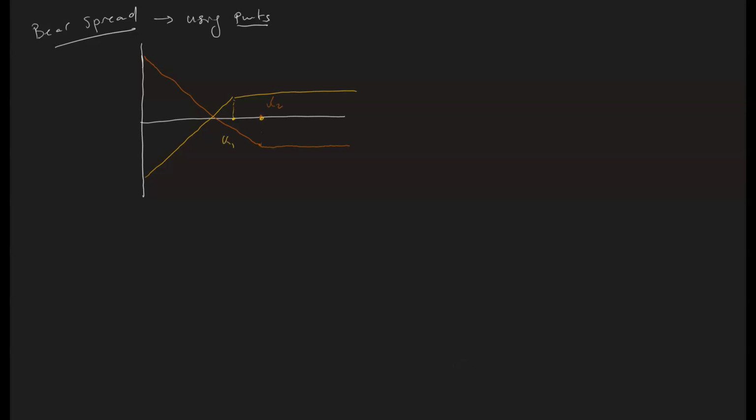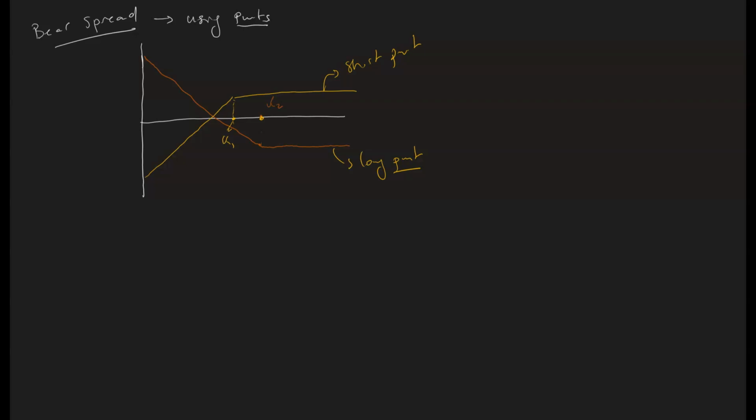So we have K2 here, and that's K1. That's our short put, and this is our long put. And so what we want to see is what's the profile for this strategy, the bear spread using puts?